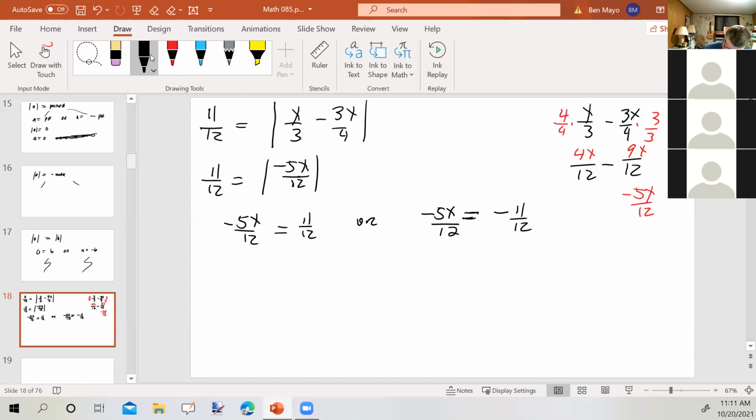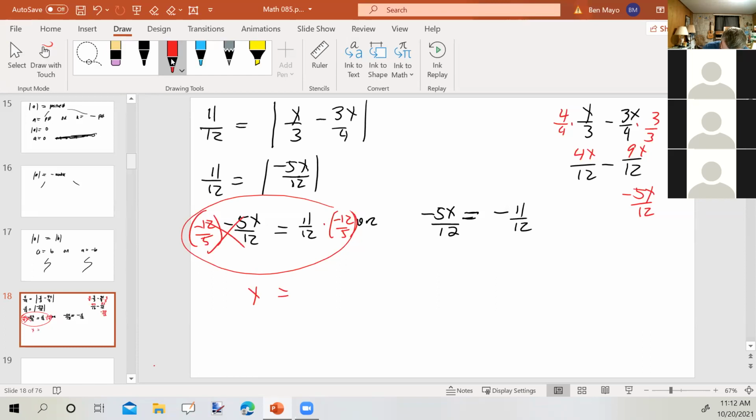So to solve this first equation, I multiply both sides by -12/5, the reciprocal of the coefficient of x. That reduces down to x equals -11/5, okay?